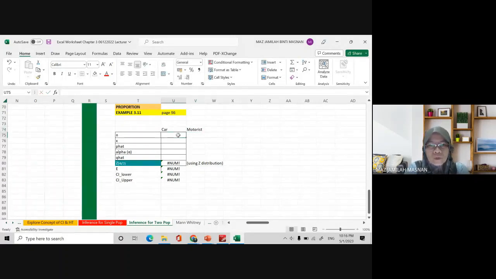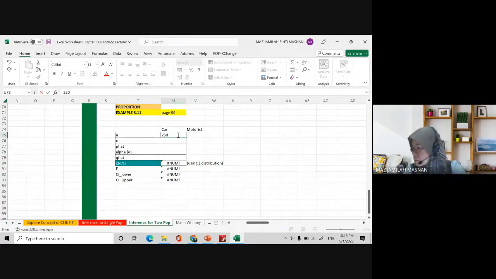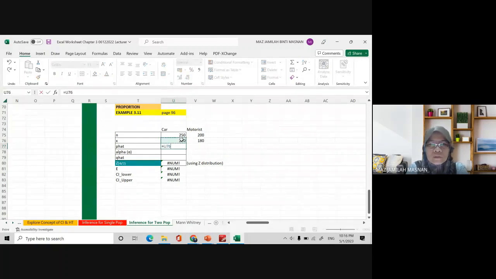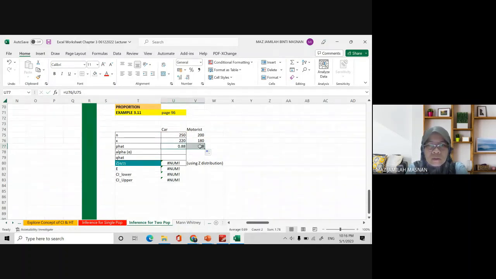Okay, so 250. And then 220 favored, 220. Motorists, we have 200 motorists. And the X for motorists is 180. Okay, so this one is equal to this one divided by this one. Just copy. Okay, this one, calculate using this one.